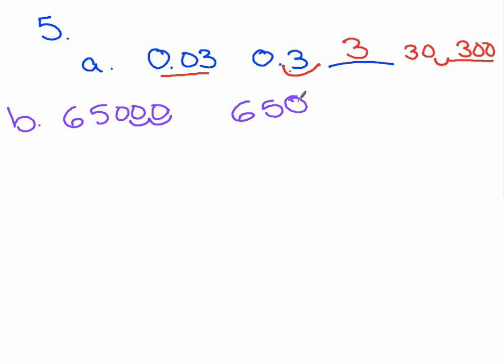And if I want to go 2 places over again on 650, boom, boom, what does that leave me with? 6 and 5/10. And then if I want to take that decimal and move it 2 places again, what would that leave me with? It would leave me with decimal point 0 6 5.